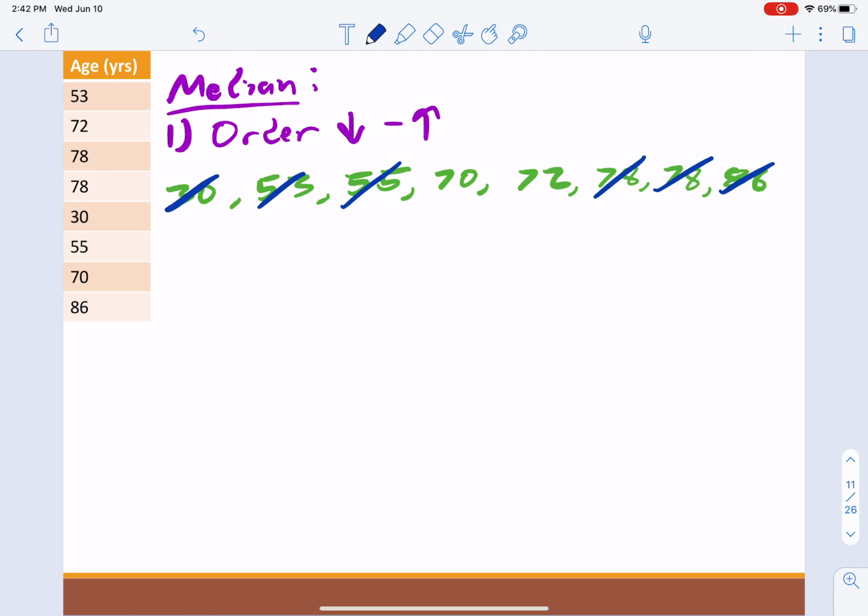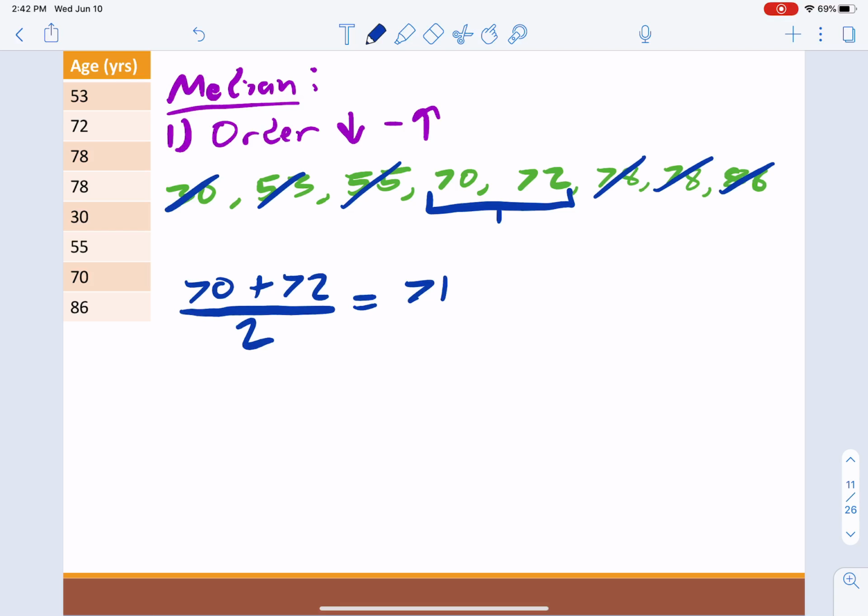Well, recall that if you get down to 2 values and there's nothing else you can do, you just take the mean of these 2 values. So the mean here would be 70 plus 72, divided by how many there are, which is just 2, right? And that turns out to be 71.